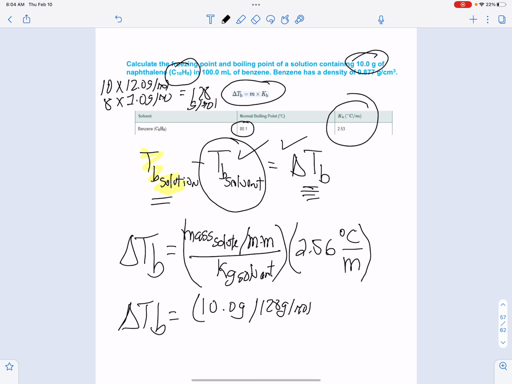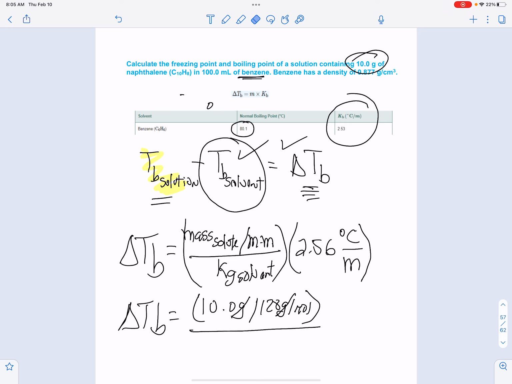So that's how many moles I have, divided by the kilograms of the solvent. Well, the solvent is benzene. So my solvent is benzene. I'm given the milliliters, but I'm also given the density. So 100.0 milliliters.